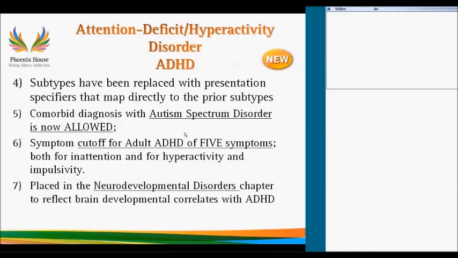Subtypes have been replaced with presentation specifiers. In other words, is the child meeting diagnostic criteria, but really presenting with a hyperactivity type. Now you can co-diagnose attention deficit hyperactivity disorder with autism. That was not something that was allowed previously.